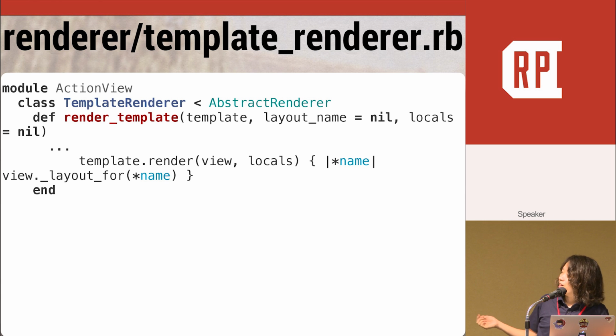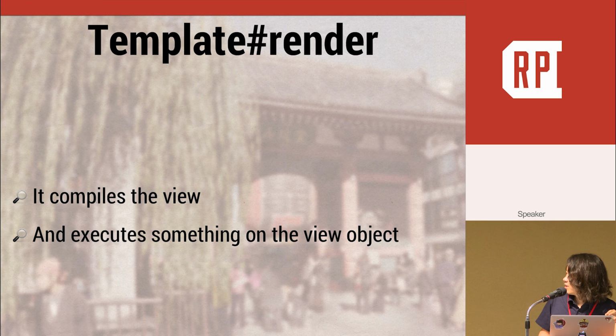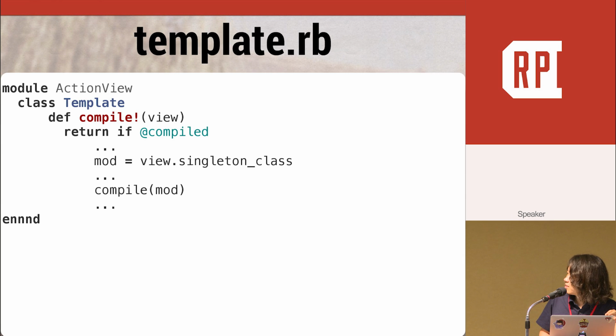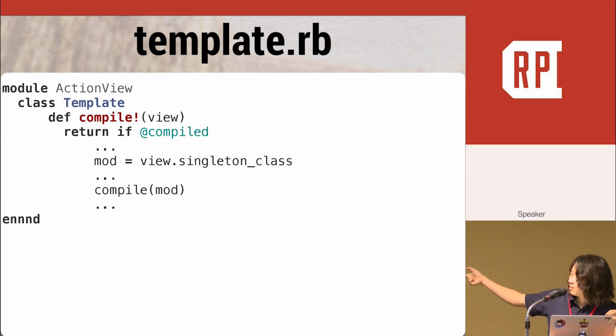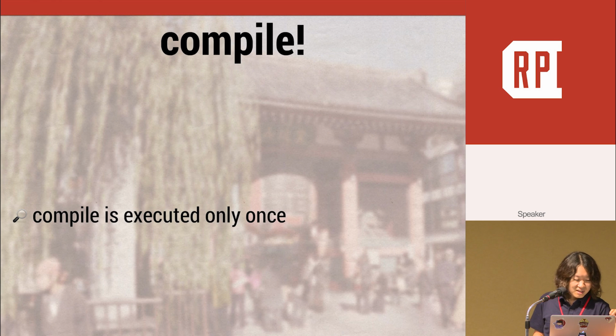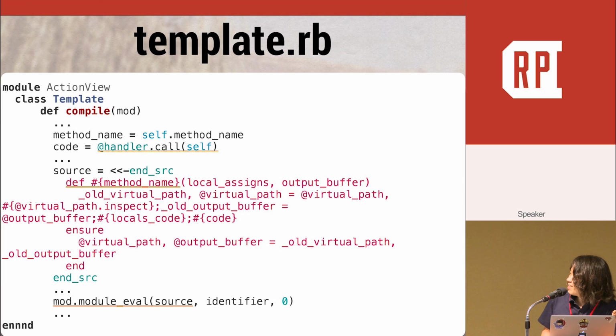It calls compile and some method with the method name. So it compiles a view and executes something. Compile is like this. It runs the method body only if not compiled yet. And that means compile is executed only once, right? So compile is like this.